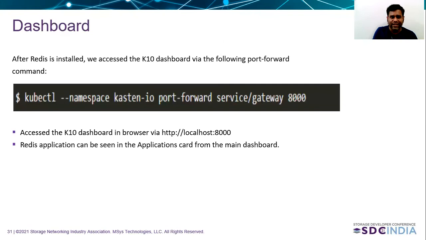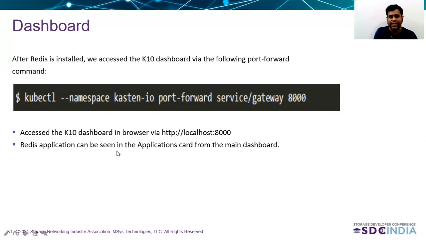After Redis is installed, we access the K10 dashboard via the port forward command. Here we can see the port forward command. And we access the K10 dashboard through the browser as well by using this link.